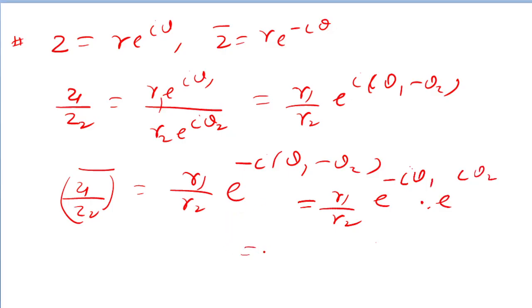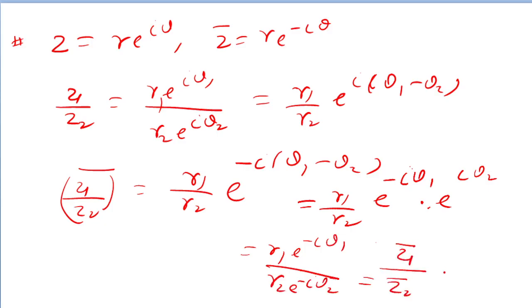So this is nothing but r1 e to the power minus i theta 1 divided by r2 e to the power minus i theta 2. That's nothing but z1 bar upon z2 bar. The same way we can prove it for the division also.